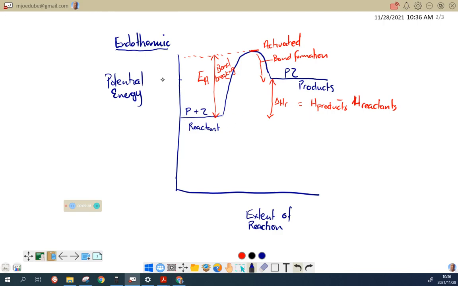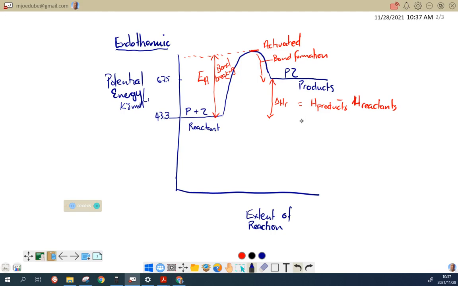Let us say, hypothetically, that this is 67.5 kJ per mole, and the energy content of the reactants is, for argument's sake, 43.3 kJ per mole. You can then work out the delta HR, the enthalpy change of the reaction. This is the energy that's either absorbed or released when the products are formed.